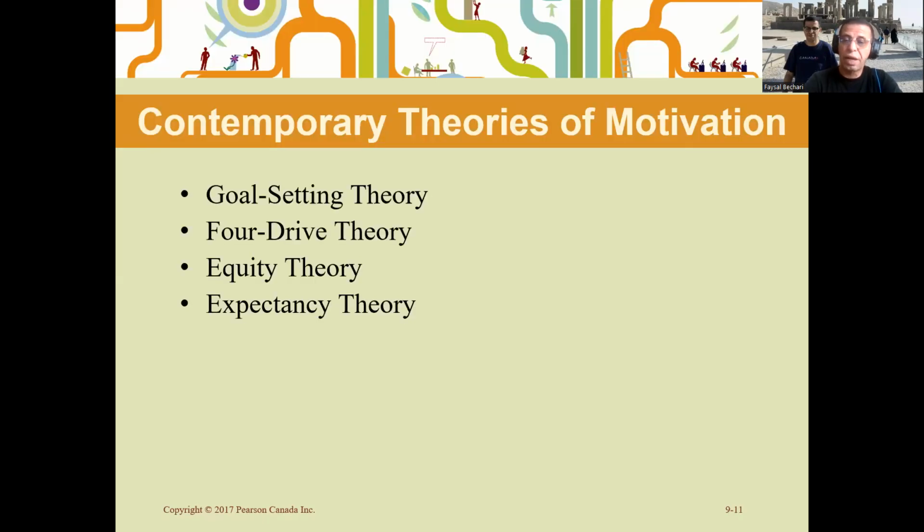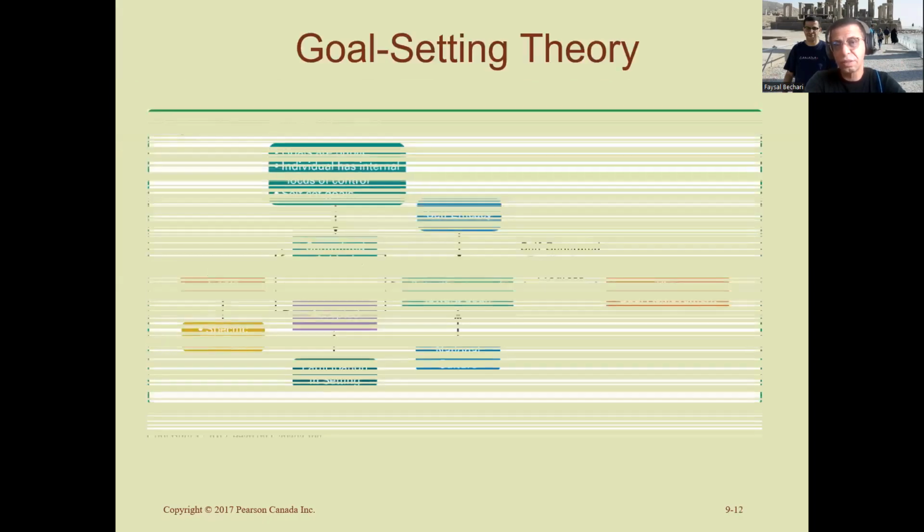Keep in mind, a good manager understands, in a given situation, which of these theories can fix the problem. If he understands the difference between equity and expectancy, he can utilize one of them in a certain situation. So let's see what the goal setting theory talks about.